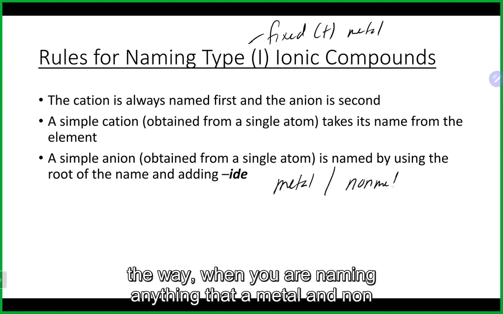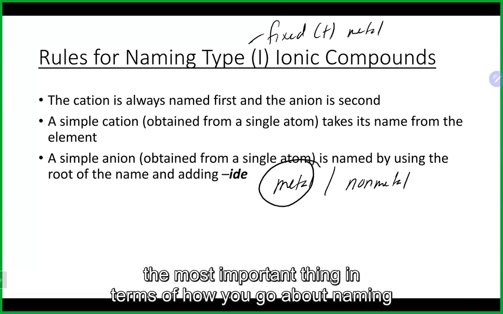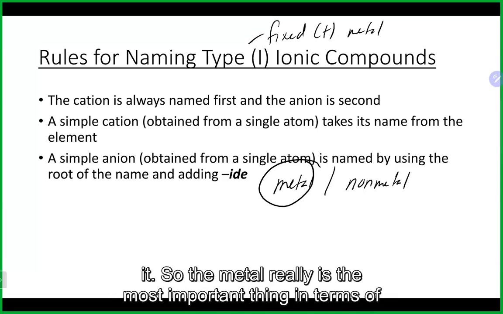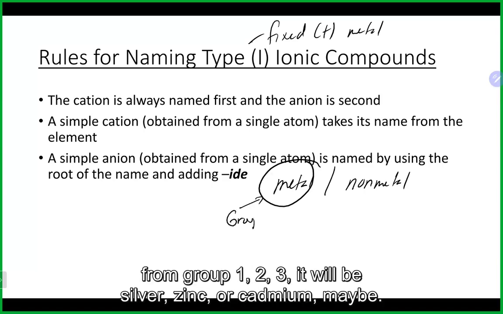And by the way, when you are naming anything where a metal and non-metal are together, or a metal is involved, the metal is always the most important thing in terms of how you go about naming it. And again, that metal is going to be from group 1, 2, 3. It will be silver, zinc, or cadmium, maybe.